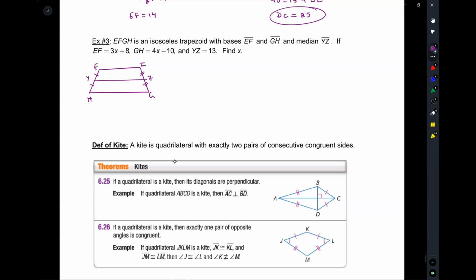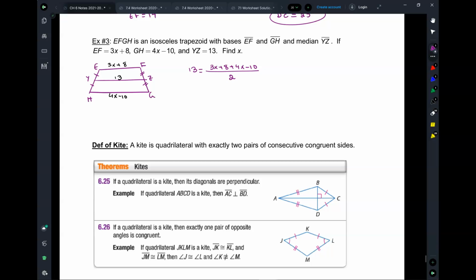All right, so EF is 3x plus 8. GH is 4x minus 10. YZ is 13, and I want to find x. So the median is equal to 3x plus 8 plus 4x minus 10 all over 2.